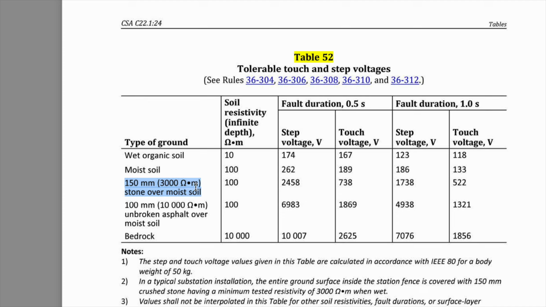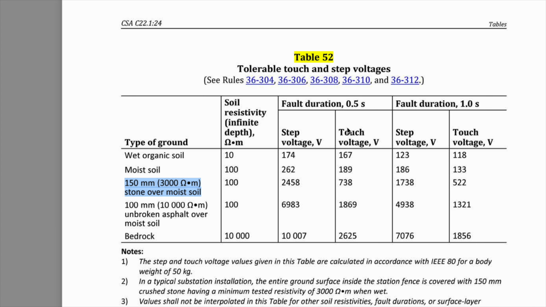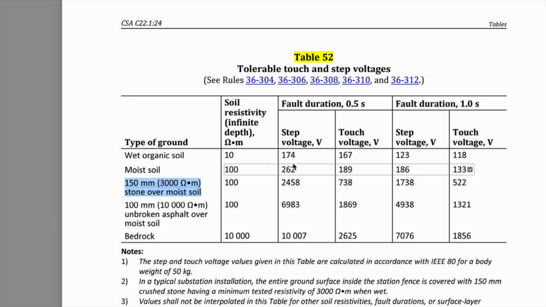So this is our answer. And it's about step voltage, not touch voltage, and it's about half a second. Because of that half a second, the step voltage can be 2458 volts.